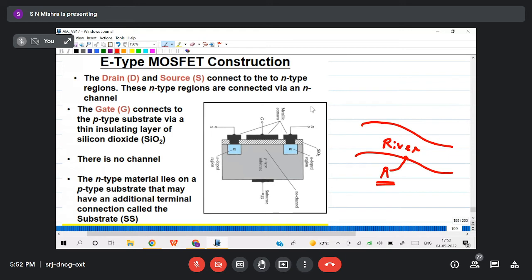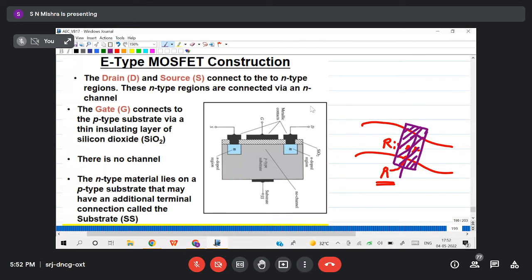So how will you move from here to that side? Obviously you have to make a bridge. Yes or no? You have to make a bridge so that you can walk from this side to that side, and the bridge strength should be sufficient so that your weight can be sustained by the bridge. So the same concept will apply here.